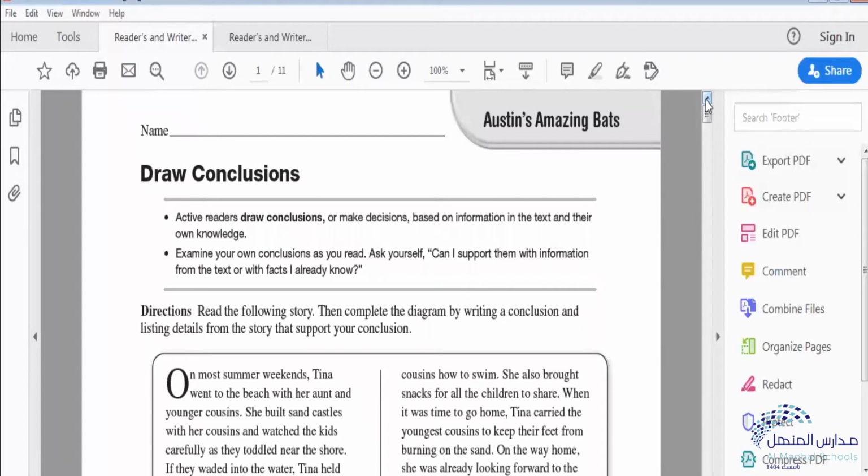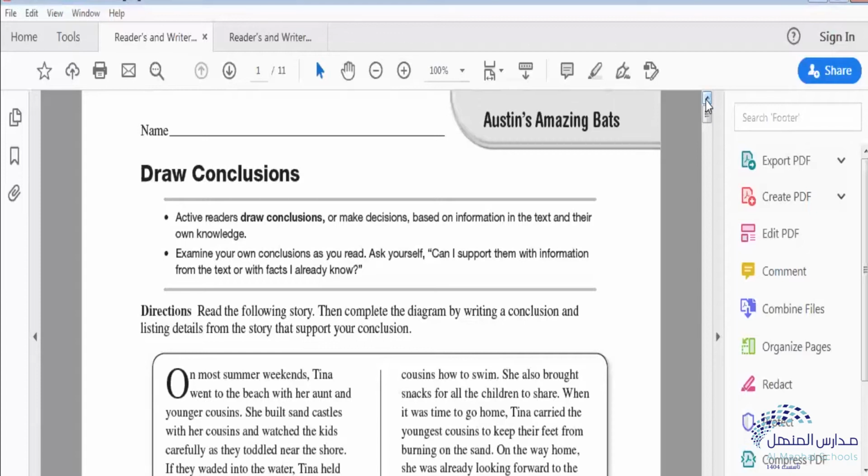They draw conclusions. So examine your own conclusion as you read. Ask yourself, can I support them with information from the text or with facts I already know? So there are two ways you can make your conclusion. Like now, they are asking us, you ask yourself, the conclusion that I have made, do I have something to substantiate them?